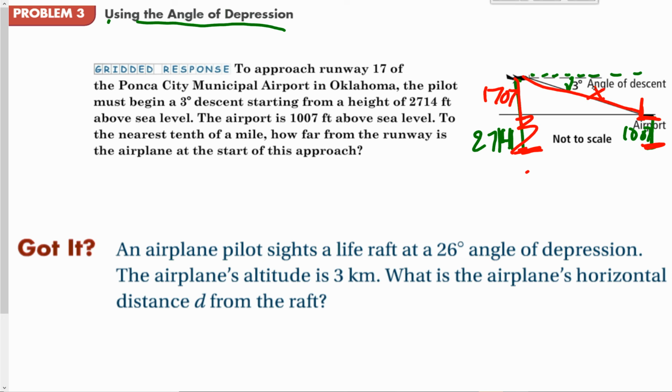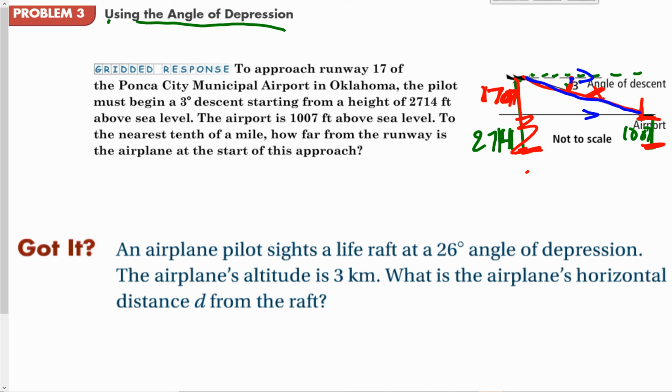Okay, so let's go ahead and try to find that. So here we have the distance 1707, and we're trying to find x. Well, the angle that we have right here is 3 degrees. If you remember, if we have parallel lines here and here, the line that goes across those two parallel lines is called a transversal.